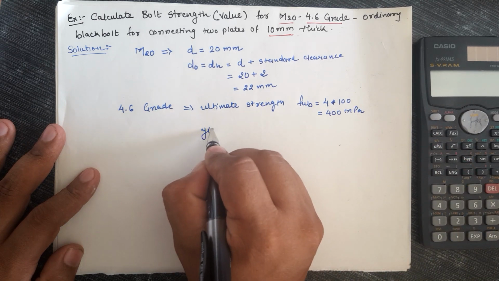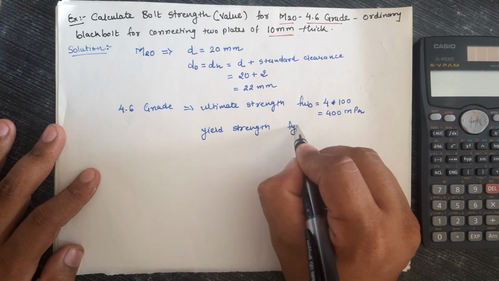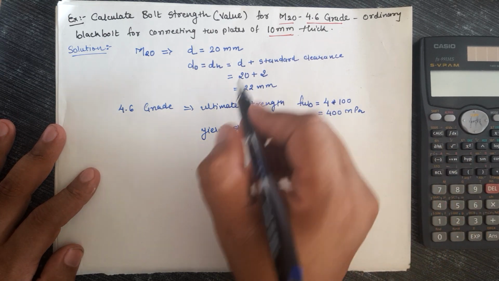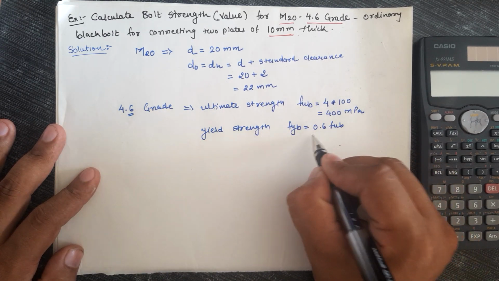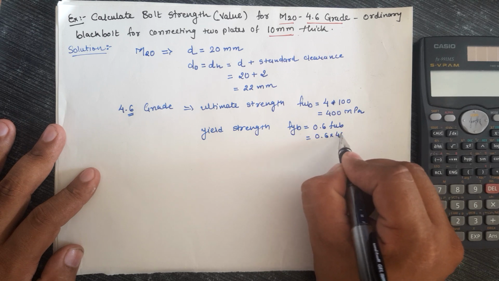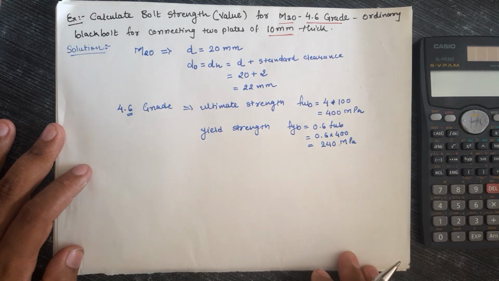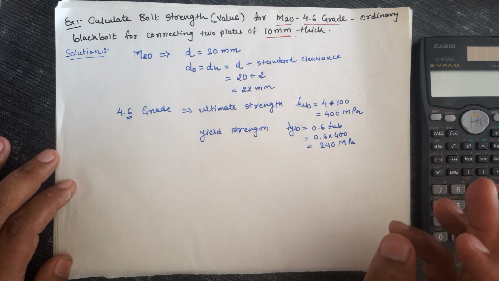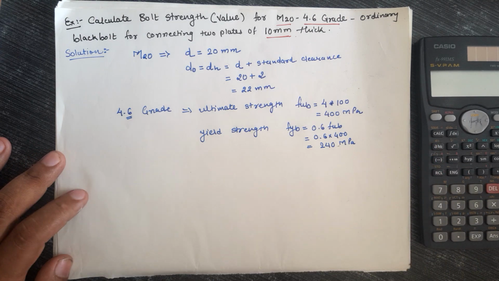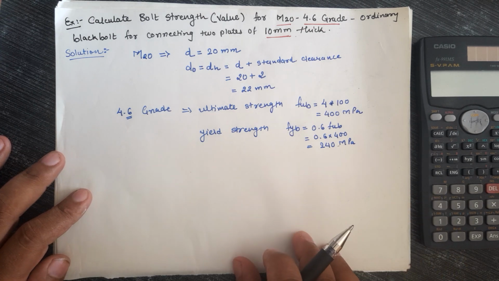The yield strength of the bolt, indicated by FYB, is 0.6 times FUB, and 0.6 into 400 is equal to 240 megapascal. So from the grade and the diameter we get the diameter of hole as well as the nominal diameter, and from the grade we get the ultimate and yield strength of the bolt. Now going ahead.